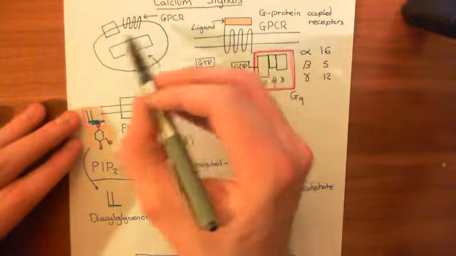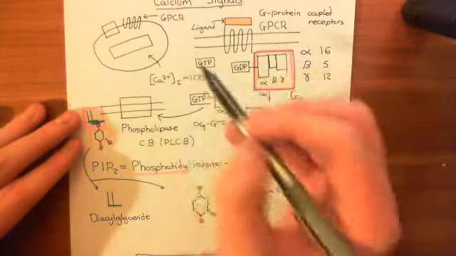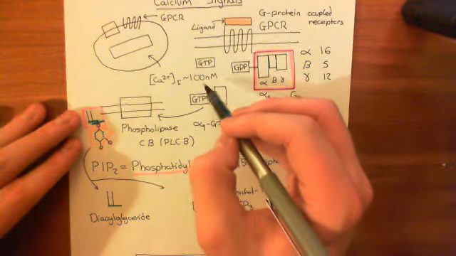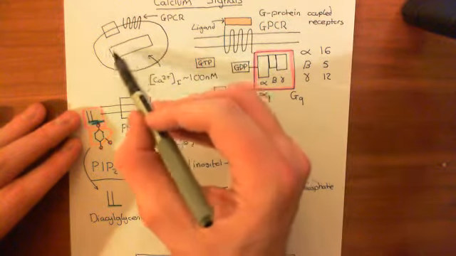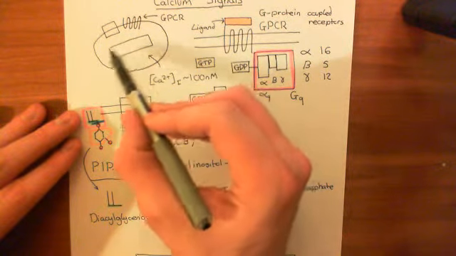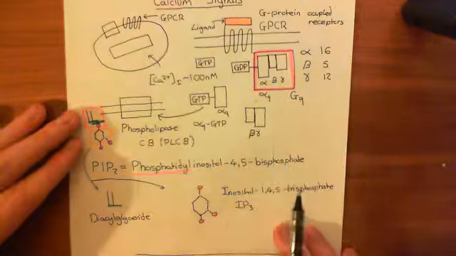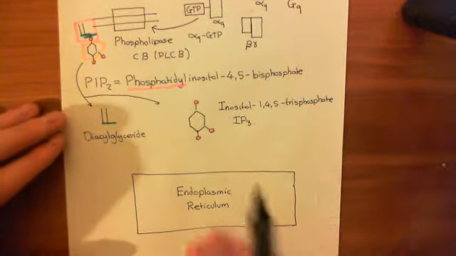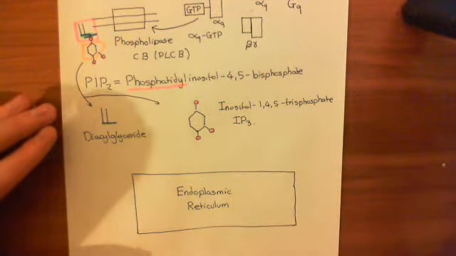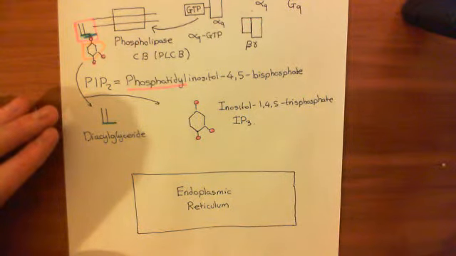Okay, so the cytosolic calcium concentration is usually around 100 nanomolar, very, very low, whereas the concentration in the ER lumen is much, much higher. So if you want to produce a calcium signal, you can release calcium from the ER lumen, basically.